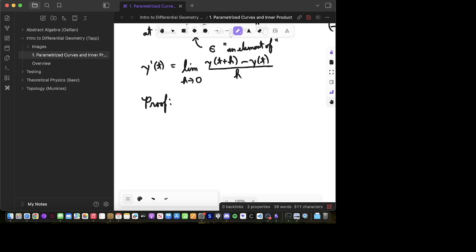Let's take this expression right here. And what we're going to do is look at this in terms of components.